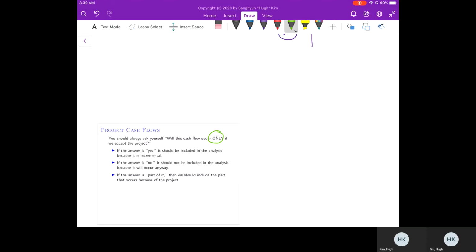If the answer is yes, then it should be included in the analysis because it's incremental. If the answer is no, it should not be included because it will occur anyway. If the answer is part of it, then we should include the part that will occur because of the project.